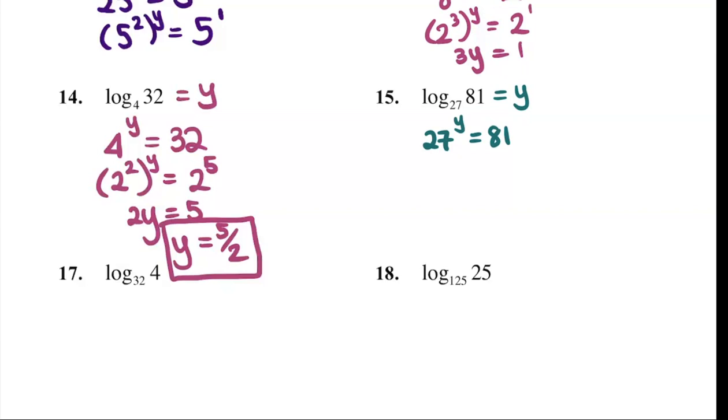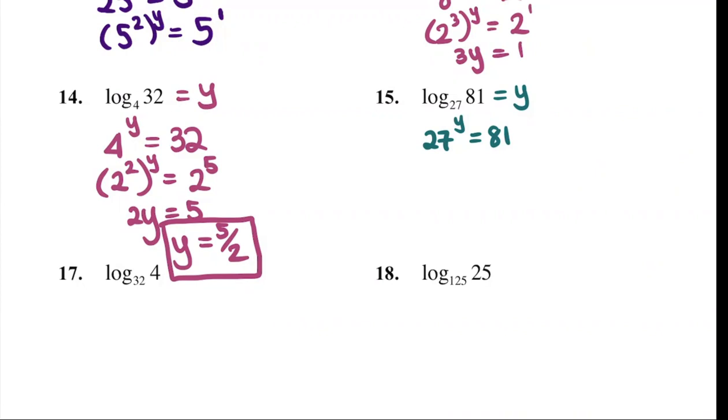So since it doesn't automatically come to us, let's get them to be the same base. What base can we get 27 and 81 to have? 9. Not quite. I can get the 81 with 9, like 9 squared would give me 81. But 9 to what power would give me 27? You're right.